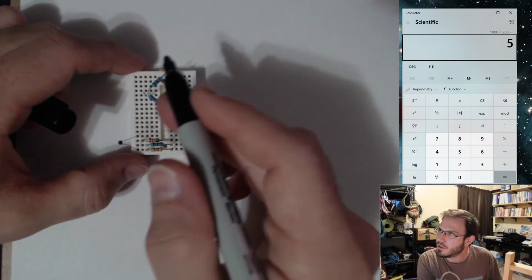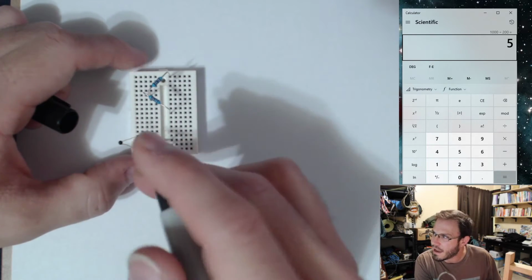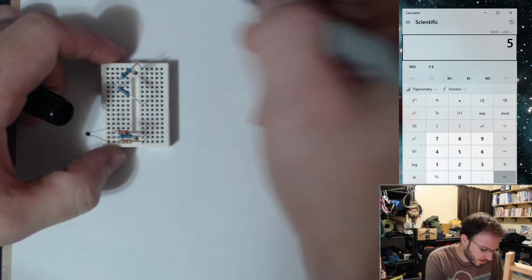Now, I've picked these two values to be 12K for R1 and R2.